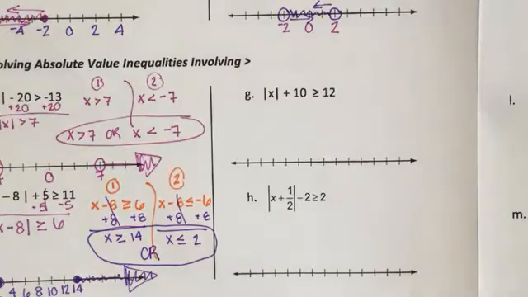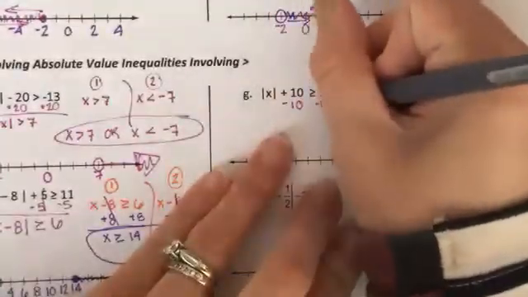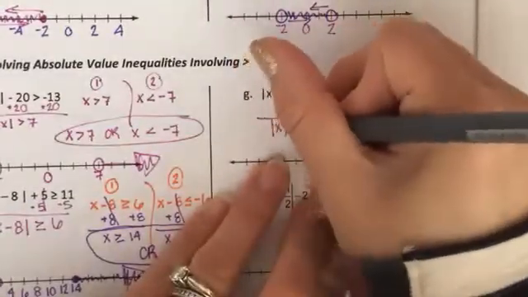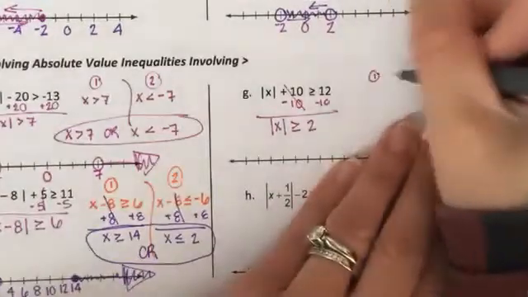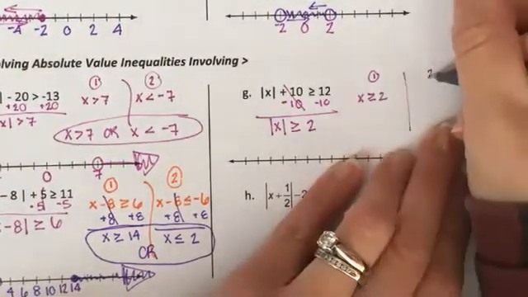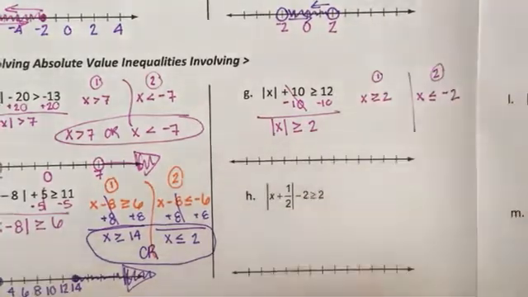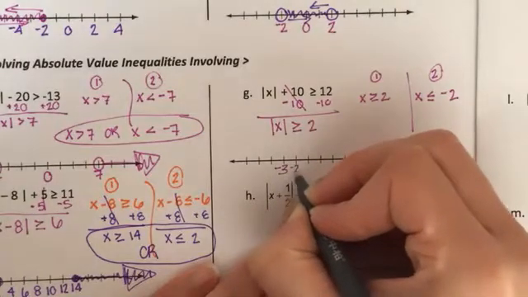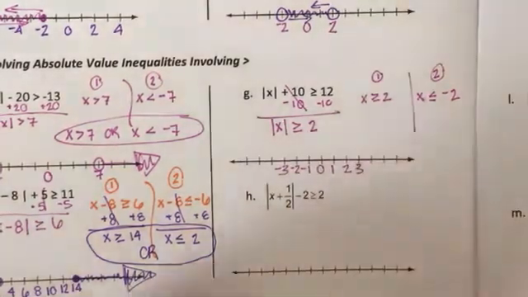Letter G, have to get absolute value by itself, so I'm going to move the 10 first. Absolute value is greater than or equal to 2. Your first case is x is greater than or equal to 2. Your second case, x is less than or equal to negative 2. So negative 3, negative 2, negative 1, 0, 1, 2, 3.